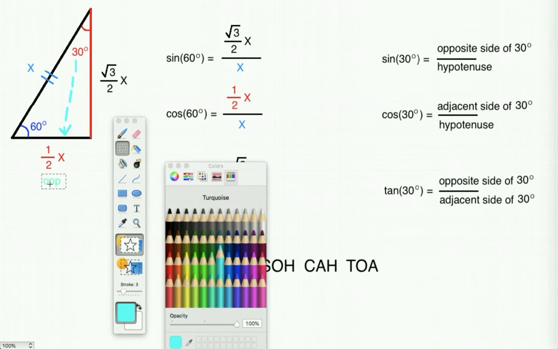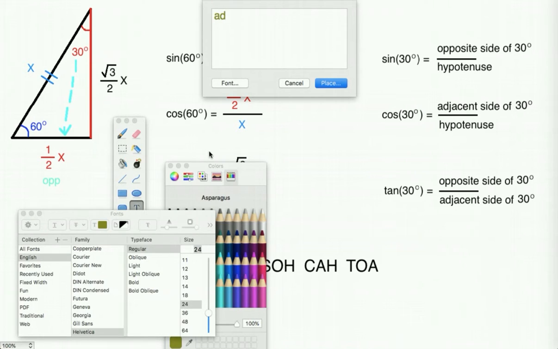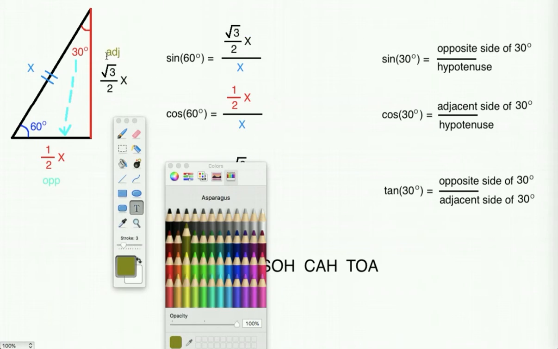So this side down here is the side that is opposite of 30 degrees, and then the side that is next to 30 degrees, or adjacent to 30 degrees, is this one.